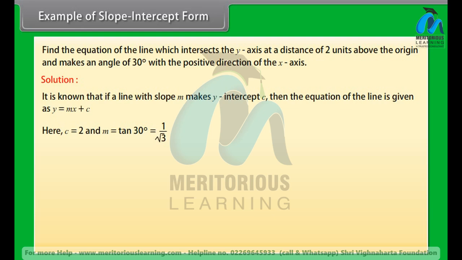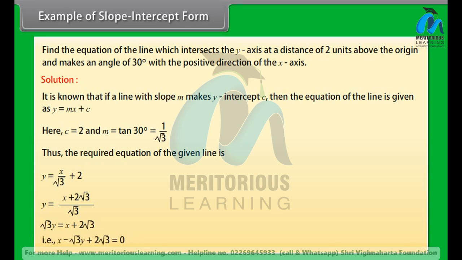Here, c = 2 and m = tan 30 degrees, which is equal to 1/√3. Thus, the required equation of the given line is y = x/√3 + 2. It can be solved to x − √3y + 2√3 = 0.